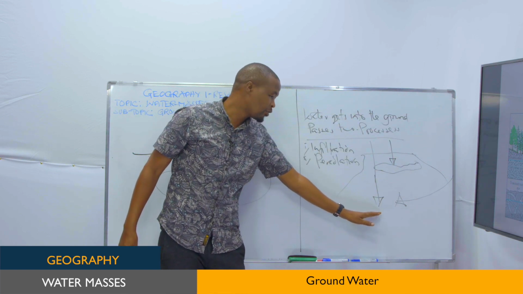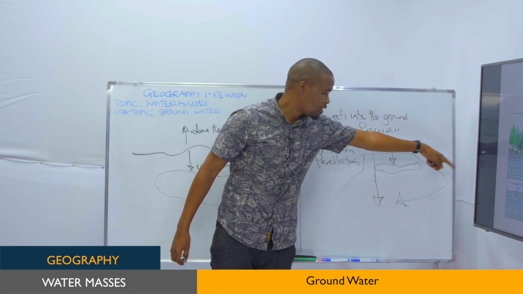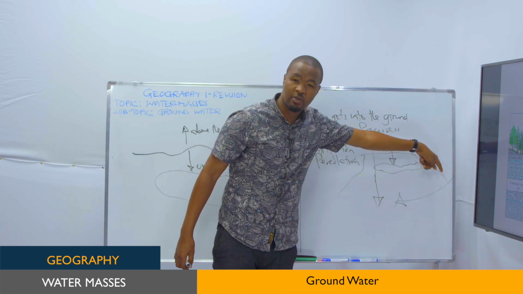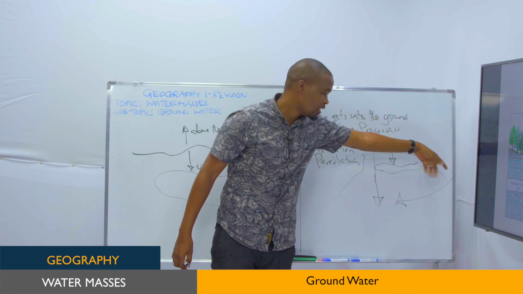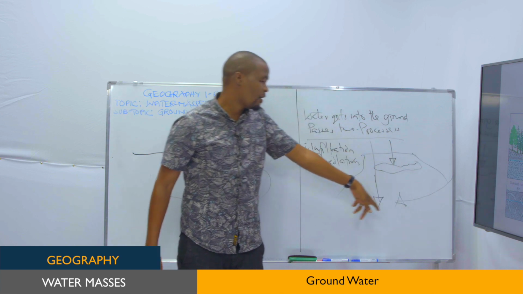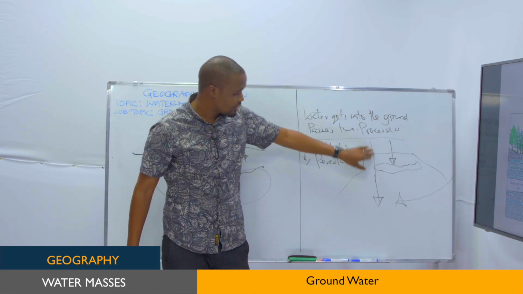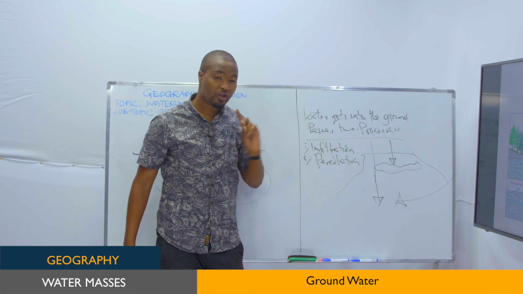This is lateral movement of water far away from the starting point. It may be a sea, lake, or any source of water, any water body. Or sometimes it may be vertical, the vertical movement of water deep into the interior.